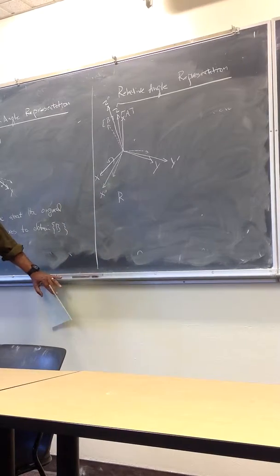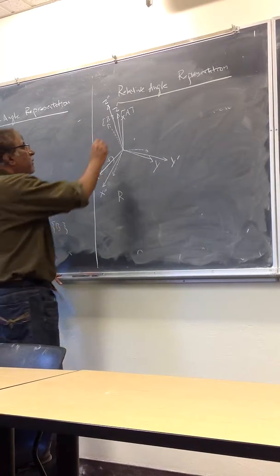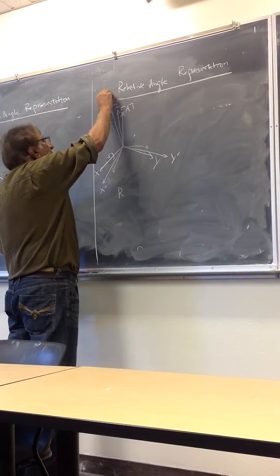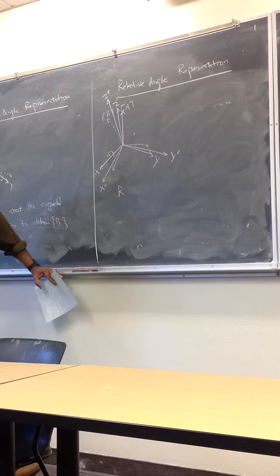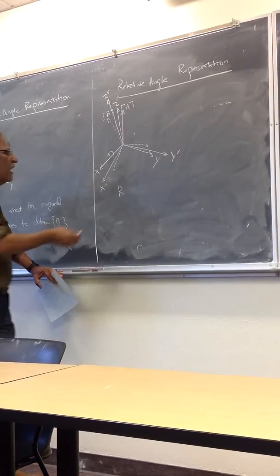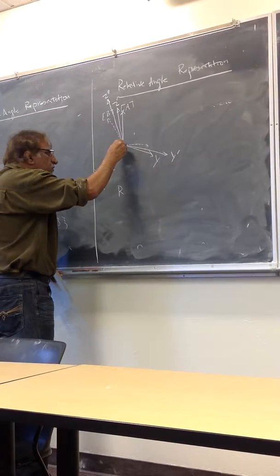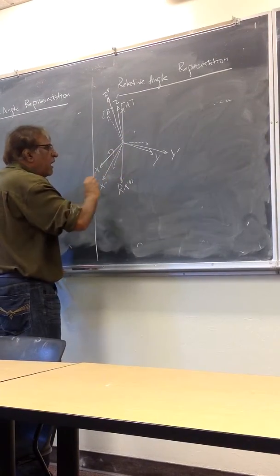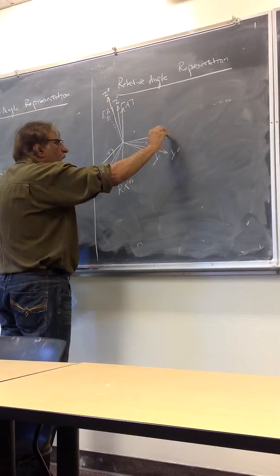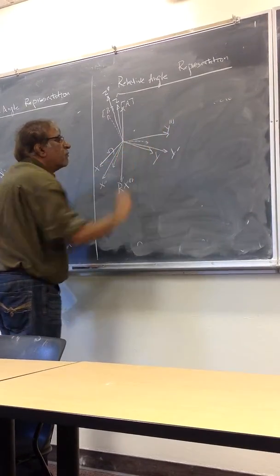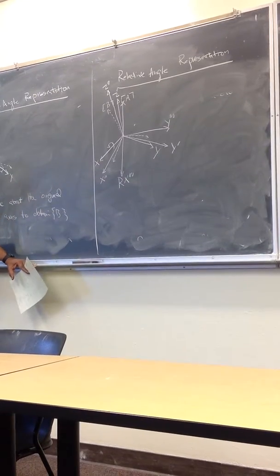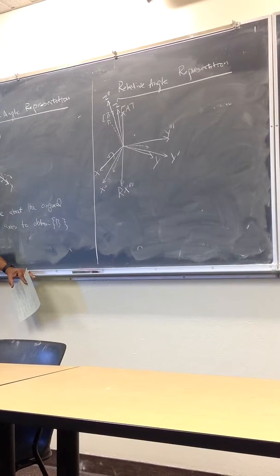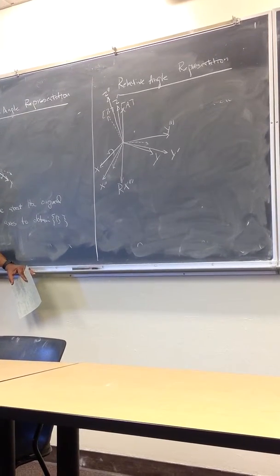Okay, so the third rotation, instead of rotating it about the original z-axis here, I'm going to rotate it about the z double prime. And now when I rotate it about z double prime, I get a new x triple prime and a new y triple prime, right? Everybody with me on this? So you start with X, which gives you Y prime and Z prime.